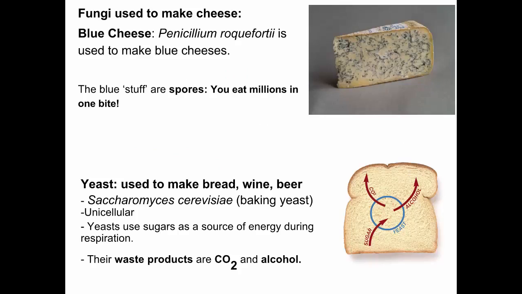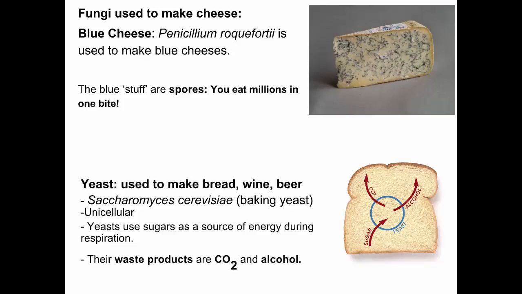Some fungi are used in making foods. Okay, another type of penicillium fungus is used to make blue cheese. Okay, the blue stuff are the spores of that fungus. Because lots of fungus are edible. Some are harmful. Some are not. Yeast obviously is used in making alcoholic beverages and making bread.